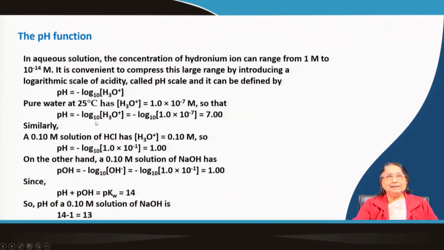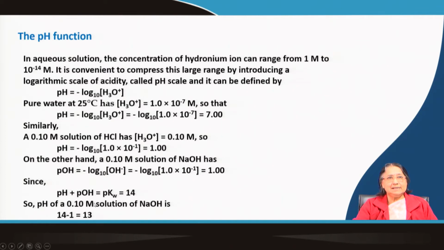So, pH is nothing but minus log of H plus ion concentration or hydronium ion concentration. Similarly, pOH is minus log of OH minus ion concentration. So, a 0.1 molar solution of NaOH must have a pOH of 1.